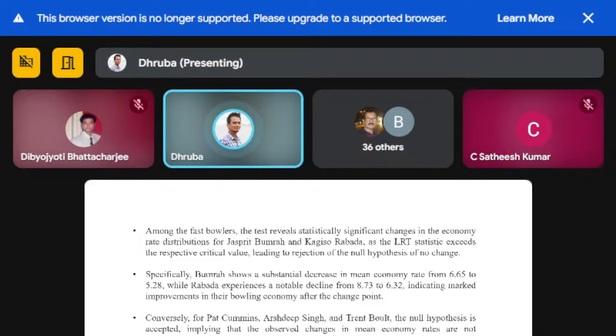Specifically, Bumrah shows a substantial decrease in mean economy rate from 6.65 to 5.28, while Rabada experienced a notable decline from 8.73 to 6.32, indicating marked improvements in their bowling economy after this change point. Conversely, for Pat Cummins, Arshdeep Singh and Trent Boult, the null hypothesis is accepted, implying that the observed changes in mean economy rates are not statistically significant, despite Boult and Arshdeep showing downward trends.